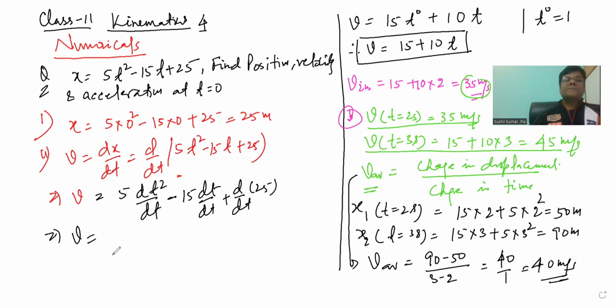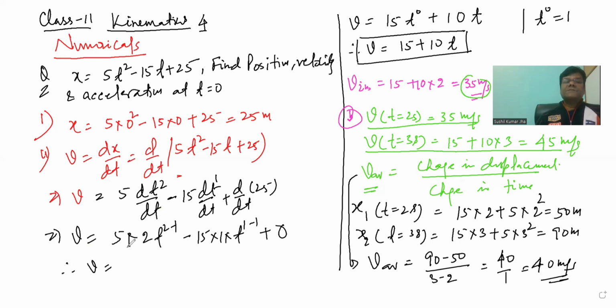So v becomes 5 into, using the first formula of differentiation, n x to the n minus 1, so 2t to the power 2 minus 1, minus 15. Here power is 1, so 1 into t to the power 1 minus 1. And here differentiation of constant is 0.